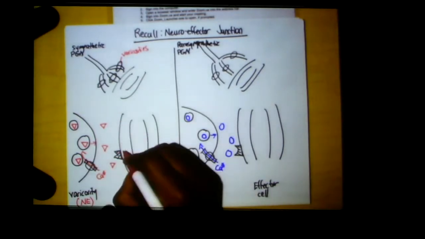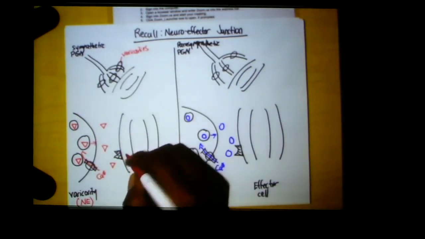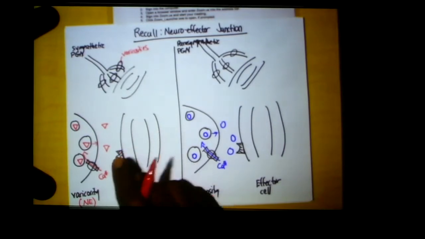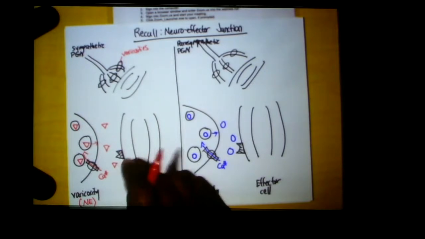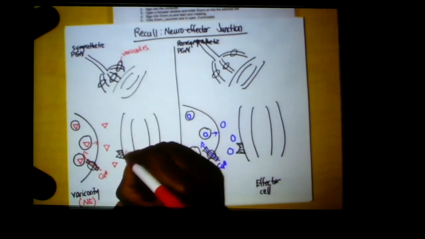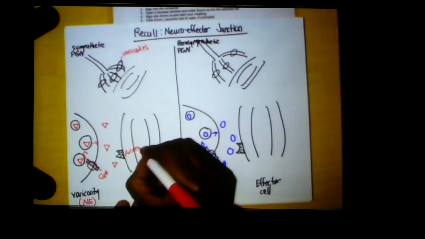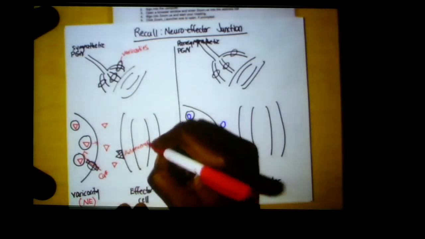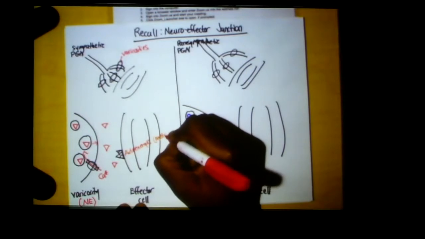It must be adrenergic. That's one way we can describe it. What else can we say about this receptor if it's adrenergic? It's metabotropic. I'm going to put that in brackets.